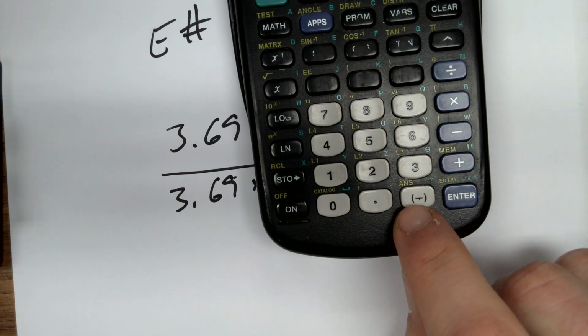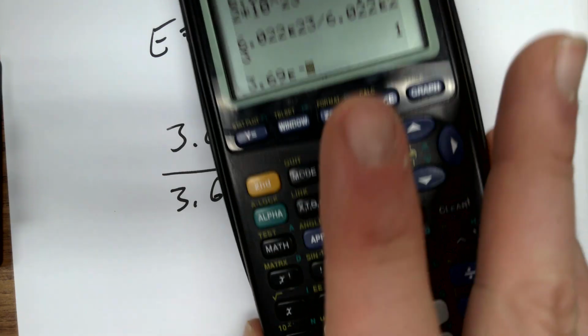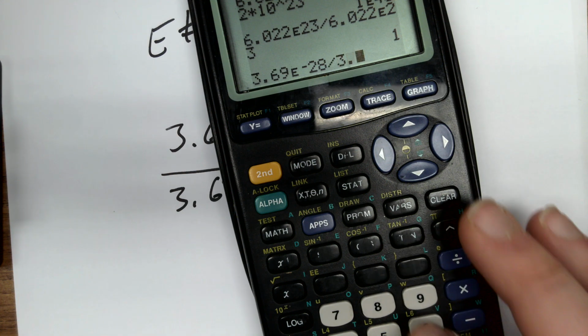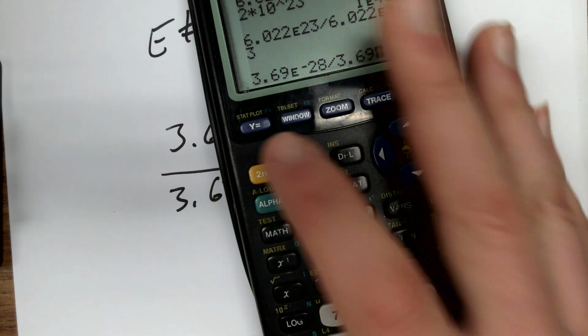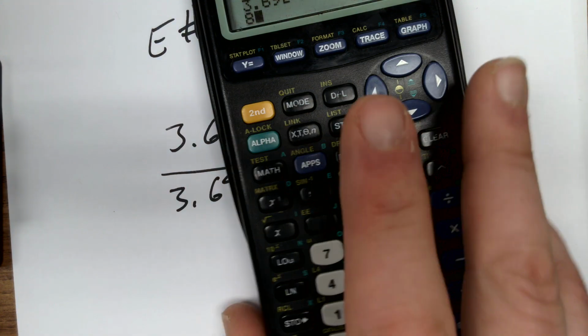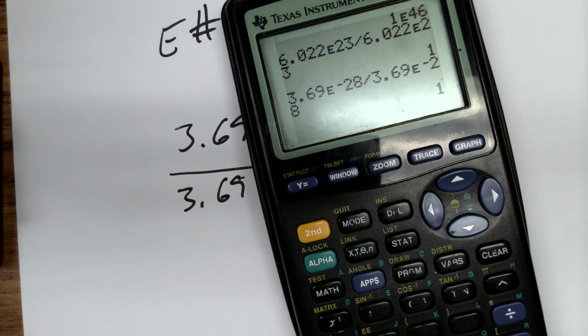I'm going to hit the negative button first. Negative 28. Divide by 3.69 second E, negative 28. Any number divided by itself always gives me 1.